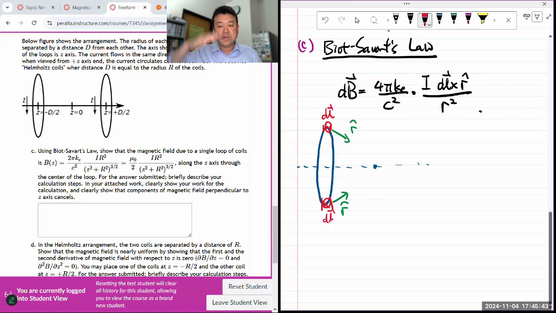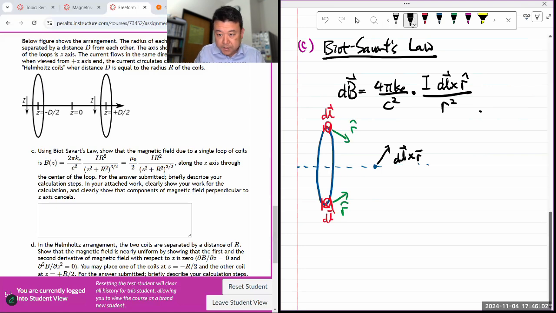So you do dl cross r hat, with dl at the top coming out of the screen, cross r hat. Then your magnetic field goes in this direction as dl cross r hat.